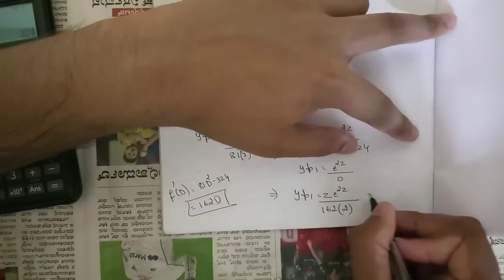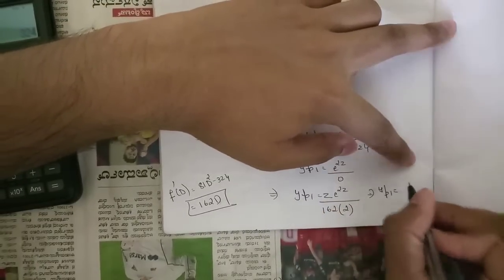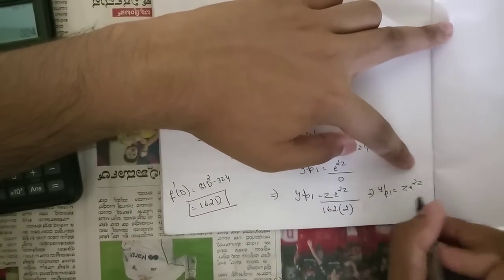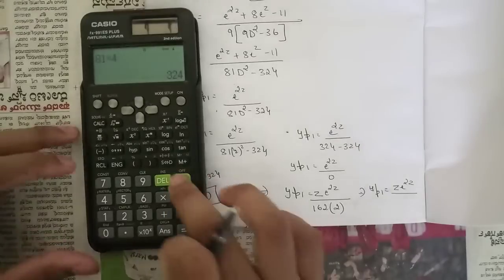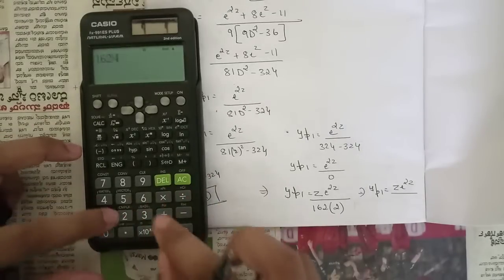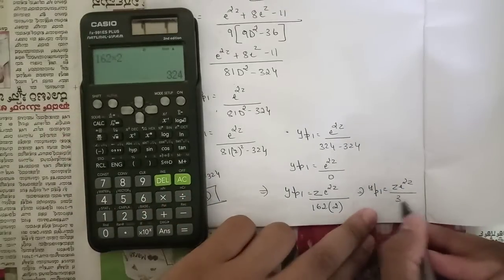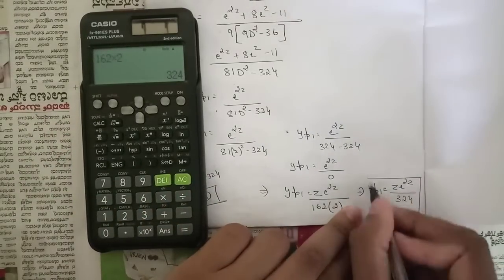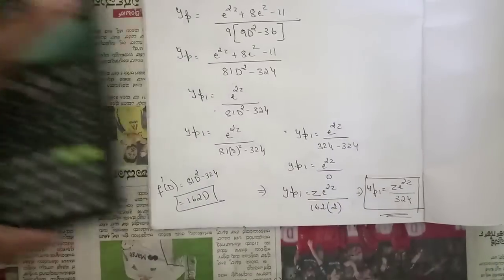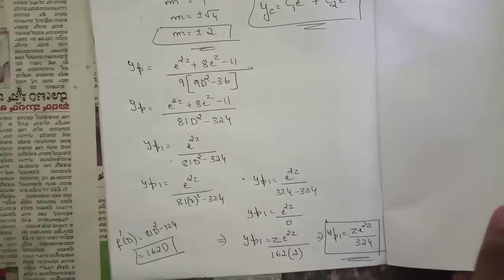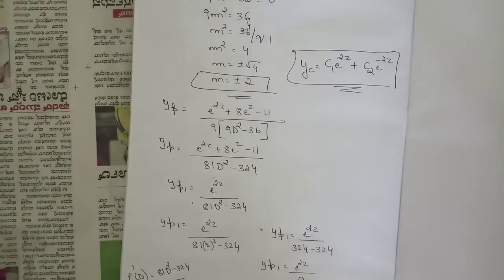The value of a is 2, so we get yp1 as z e power 2z upon, again what's the value of 162 into 2, 324. So this is our yp1.